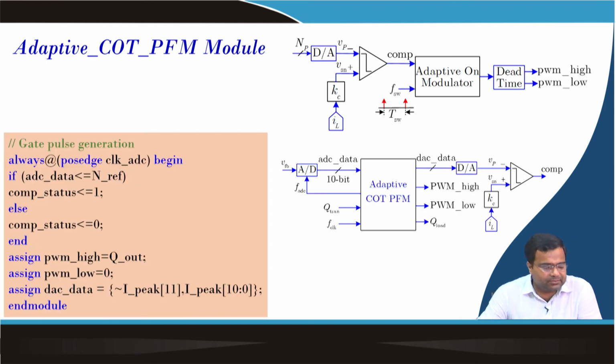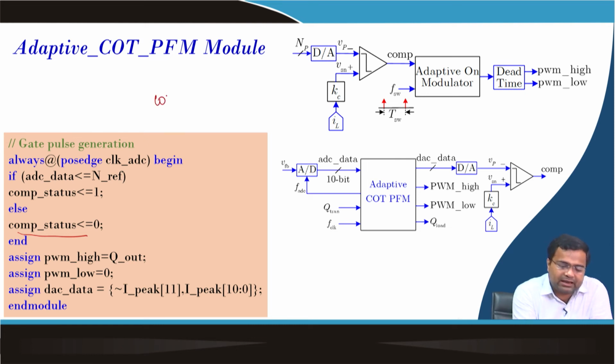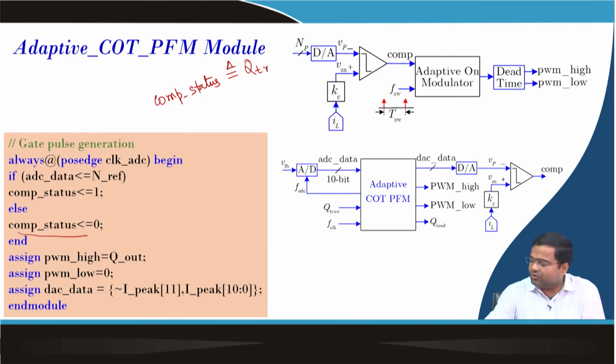Then adaptive, again this is the logic I told you, this will generate comparator status, which is our QTR. That means we name it here comparator status, which is actually equivalent to what we are using as QTR. Okay.